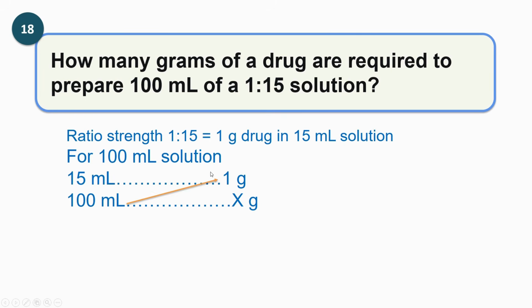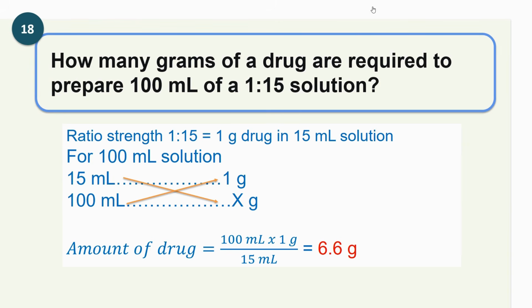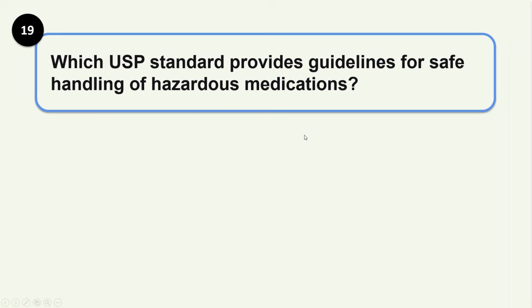To cross multiply, point the arrows to the x, and if you cross multiply, it comes to be 6.6 grams. And this 6.6 grams, if you add to make 100 mils, comes to be a 1 to 15 solution of 100 mils.